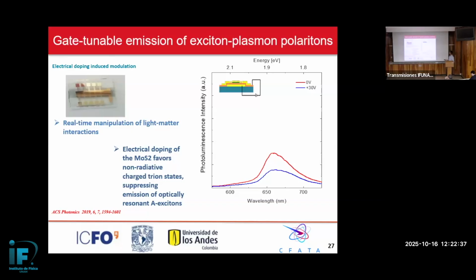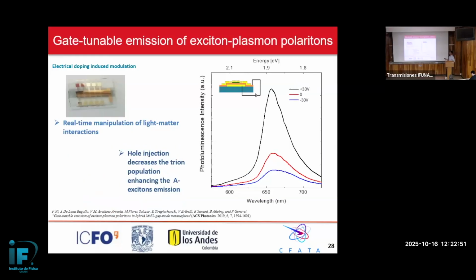Therefore, the photoluminescence emission will be off the resonance of the metasurface, or the plasmonic absorption, if you want to say. However, if we take out electrons or inject holes into these semiconductors, we put it in resonance with the absorption of the plasmonic metasurfaces.